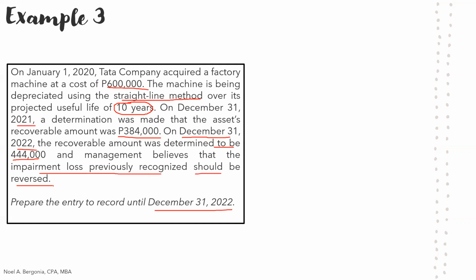So it looks like we will apply what we discussed in the theory slide earlier, that whenever we have an impairment, we need to reverse or recover it. So let's watch for that. Let's start on January 1, 2020, at the date of acquisition.